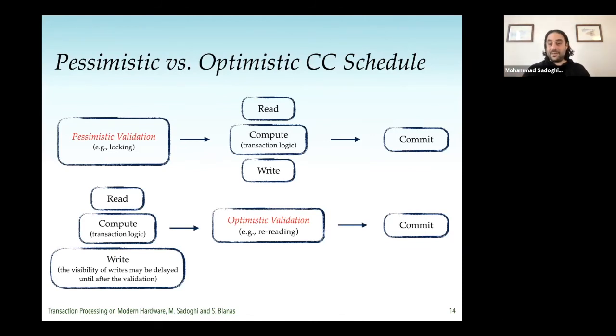Now I can see the database at 5 o'clock. If I look at everything that happened before 5 o'clock, I want to make sure that what I've read initially, if I started at 4:50 and want to commit at 5, is still valid. I kind of lock the time: 5 o'clock is my time, and I want to make sure what I did 10 minutes ago is still applicable at 5 o'clock.